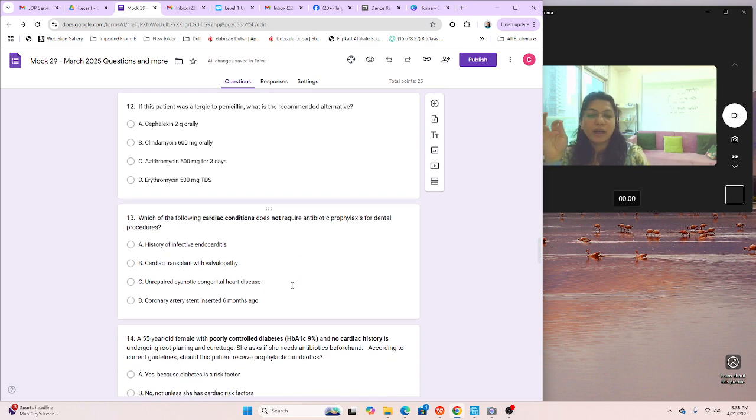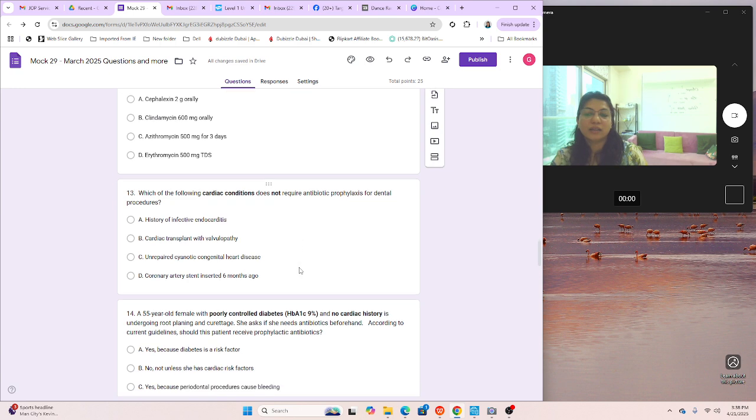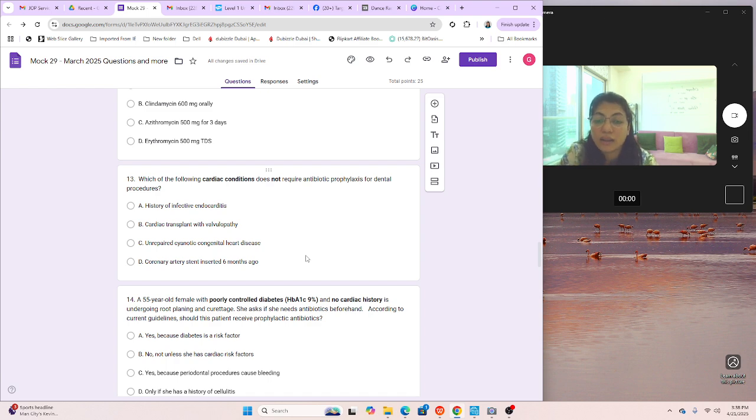Now, which of the following cardiac conditions does not require antibiotic prophylaxis for a dental procedure? Not surgical. History of infective endocarditis, does it require? Yes. Cardiac transplant with valvulopathy, anything related to valves, like I said, just give. Unrepaired cyanotic congenital heart disease. Unrepaired, yes. If it was repaired and did not involve the heart, then no need to give.